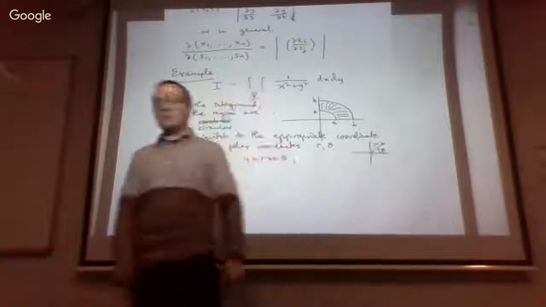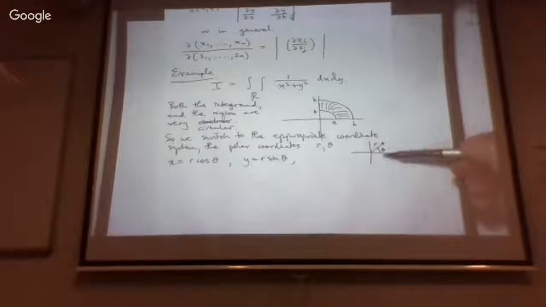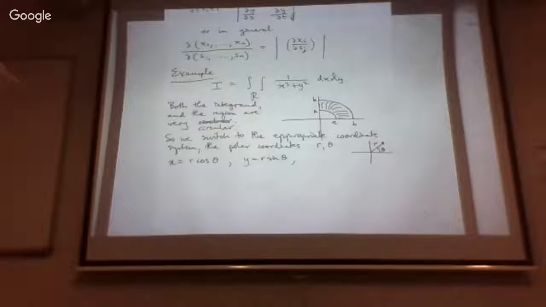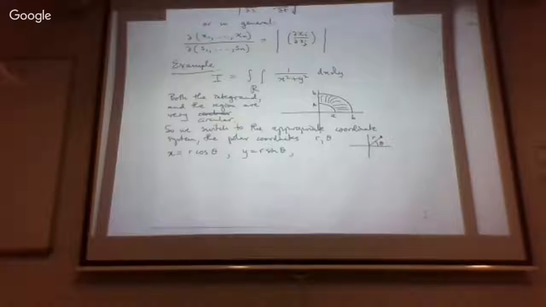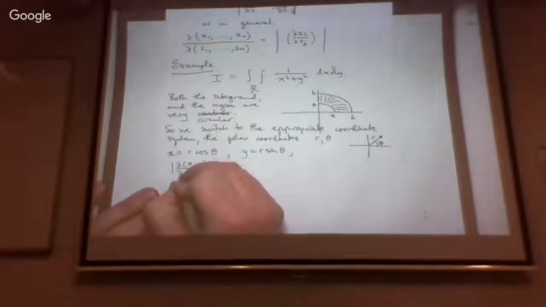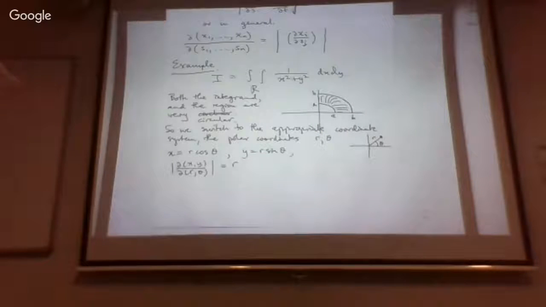It's how to describe a point with coordinates r and theta. When you consider the triangle formed by that, you get these two relations, x and y are r cos theta and r sin theta. And previously we worked out, I won't work it out again here, that the Jacobian determinant was simply the quantity r.